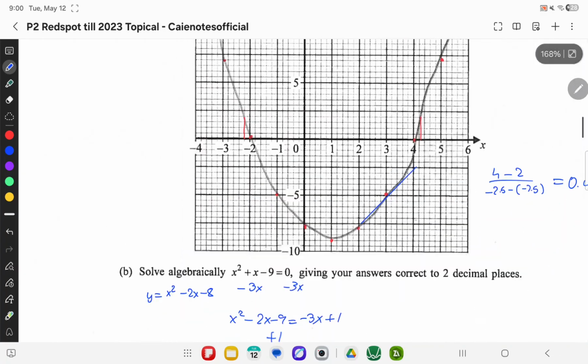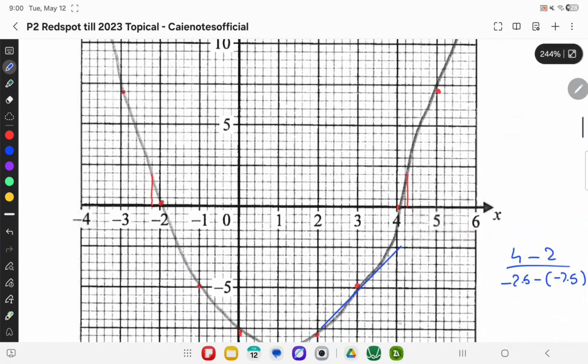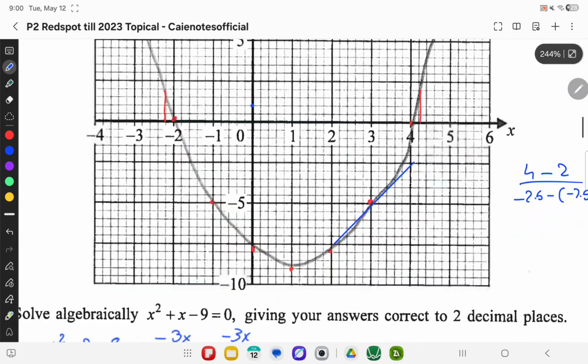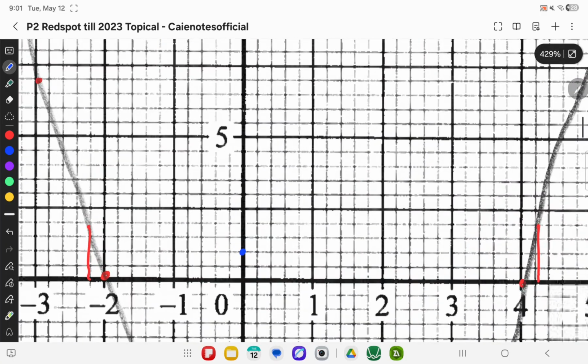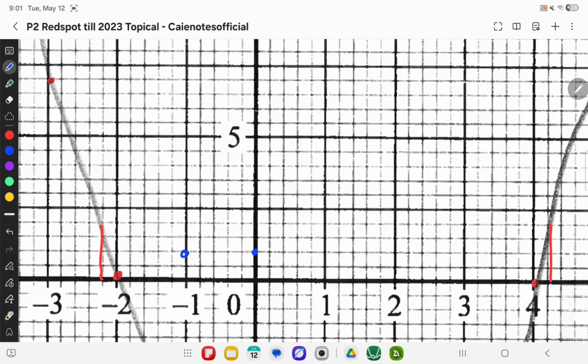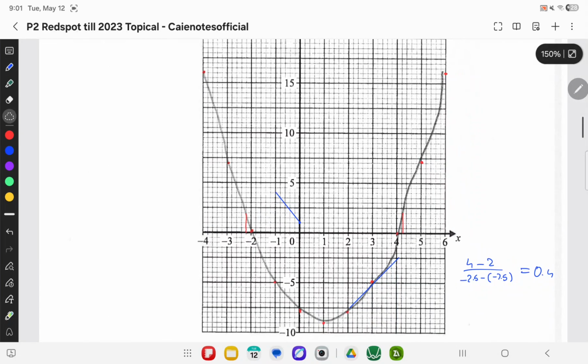This is 1 as the intercept and negative 3 as the gradient. So this is going 1 here, 1, 2, 3. So the gradient technically looks like so, and so we just extend it here and there.